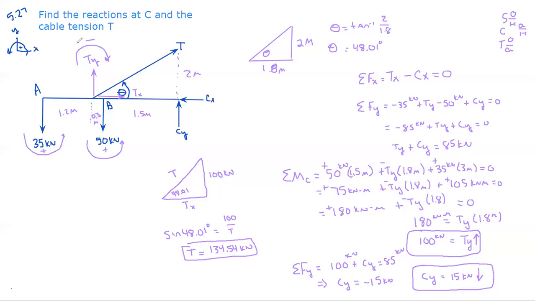That does answer the question for cable tension. Now, to find CX, which was the other thing we need, we need the value for TX. So for TX, we can use cosine of 48.01 degrees is equal to TX divided by 134.54 kilonewtons. And if we do the arithmetic for that, I have TX is equal to 90 kilonewtons.